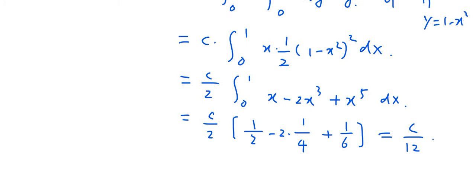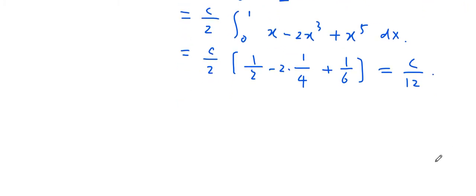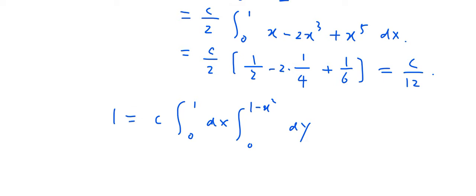So then what is c? We use the same way. Let's make sure this integration, the integral from 0 to 1 of 1 minus x squared dy, multiplied by c, equals 1. So c times the integral from 0 to 1 of 1 minus x squared dx.